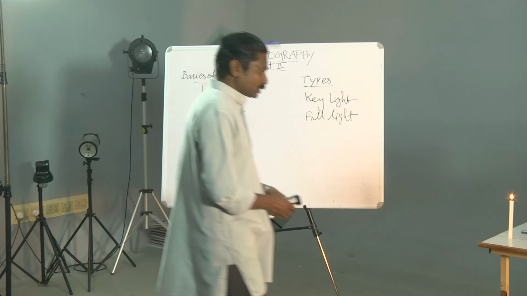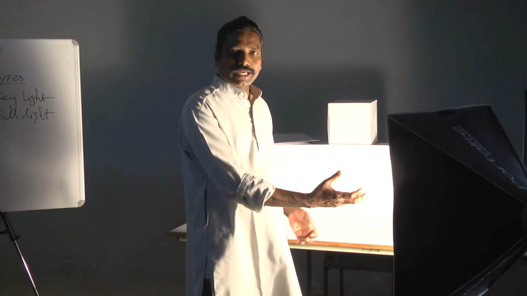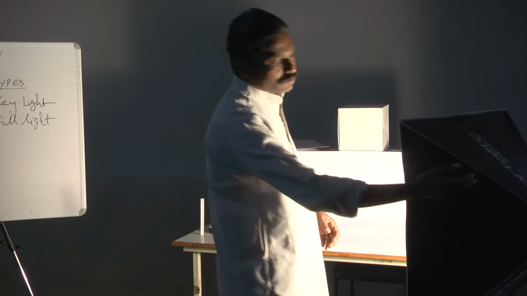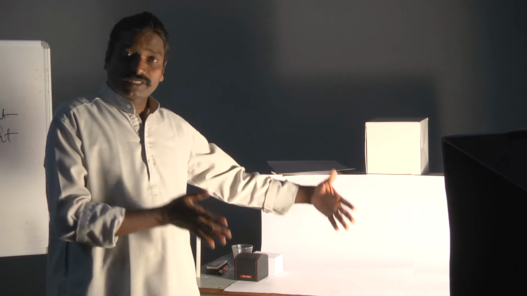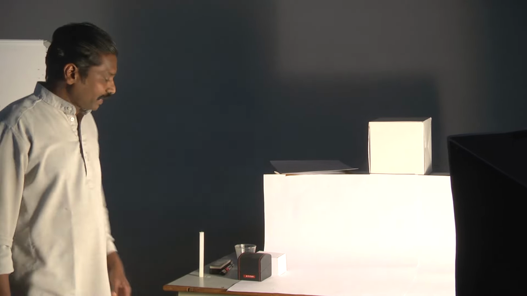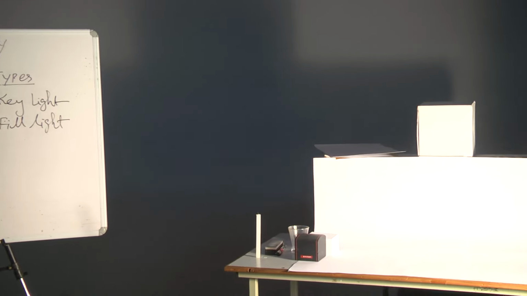In artificial sources, the tungsten light, the studio light, the studio flash and the tube light come under the artificial light.